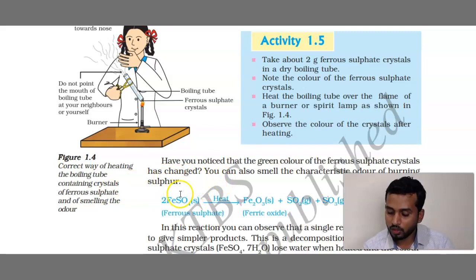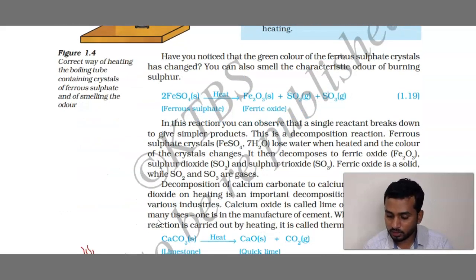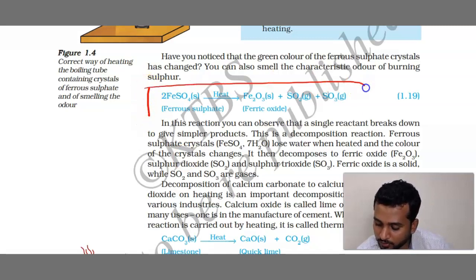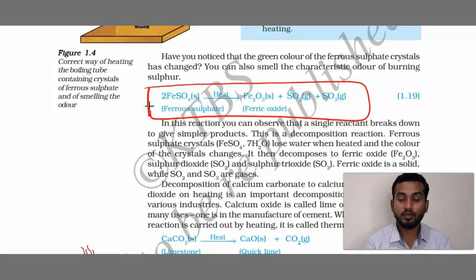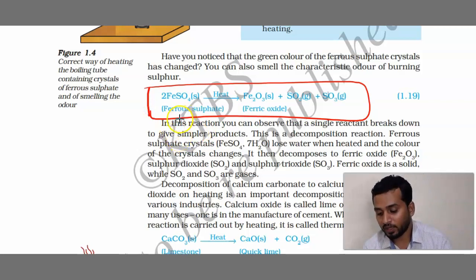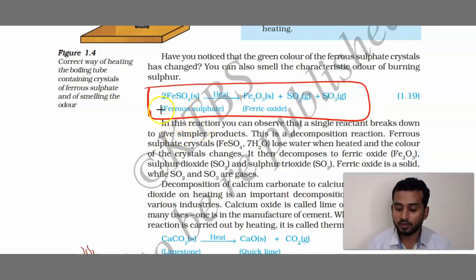Now in this, children, please do remember what is important. The very important topic in this chapter is this. They will ask you this question: what happens when we heat the ferrous sulphate? When ferrous sulphate is heated, what happens?